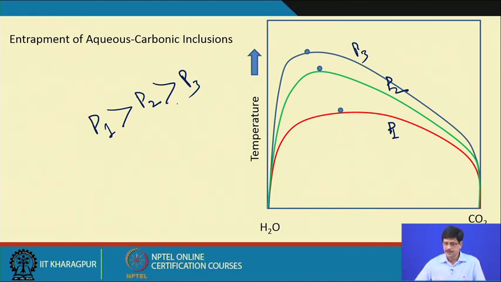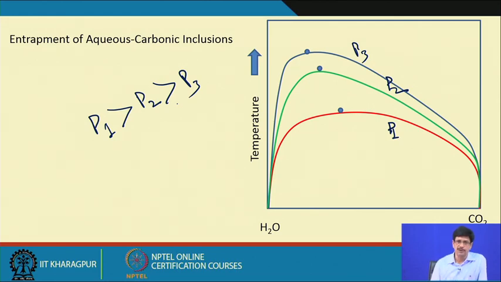This means the solvus, which gives rise to the splitting of an originally homogeneous aqueous carbonic fluid, will be reached much more easily, or the immiscibility will be achieved at a much higher temperature, if the pressure is low. If the pressure is higher and higher, then the one phase region is expanding and is more dominant, or the reverse, that the immiscible region expands with decrease in pressure.